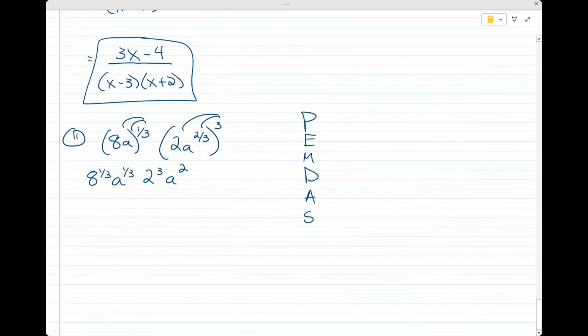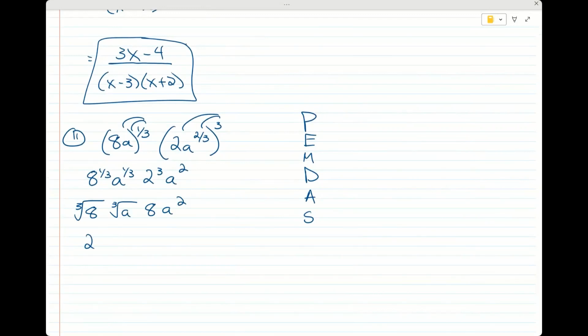One-third power means we take the cubed root. So this would be the cubed root of 8 times the cubed root of a to the 1st times 8 times a to the 2nd. Cubed root of 8 is 2.